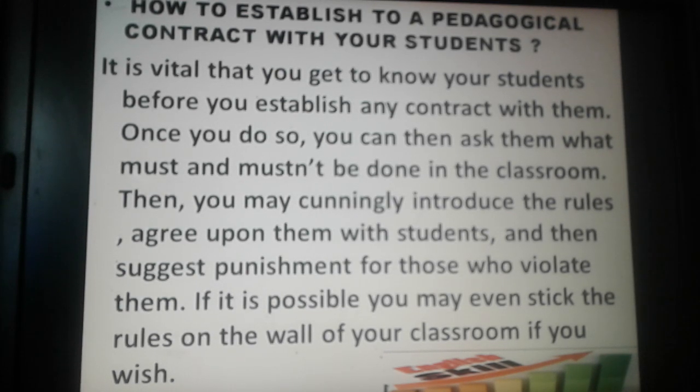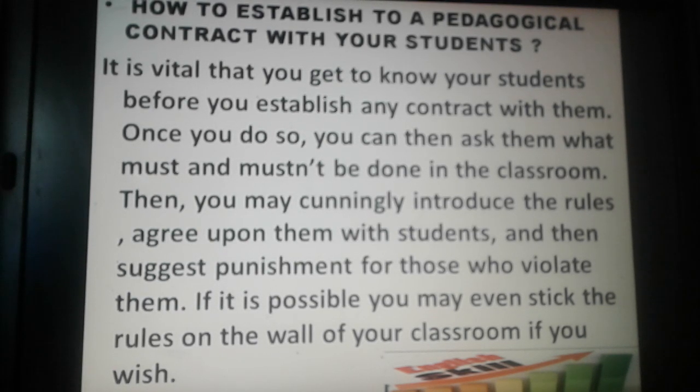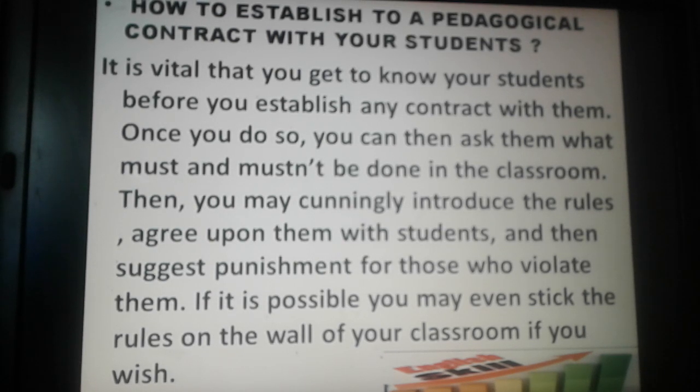If it is possible, you might even stick the rules on the wall of your classroom if you wish. So at the end, the teacher will have a list of misbehaviors and their punishments. So students will predict a suitable punishment before performing any misbehavior.